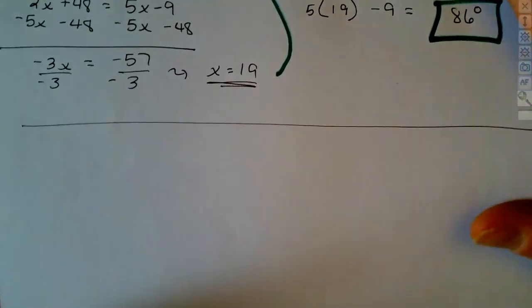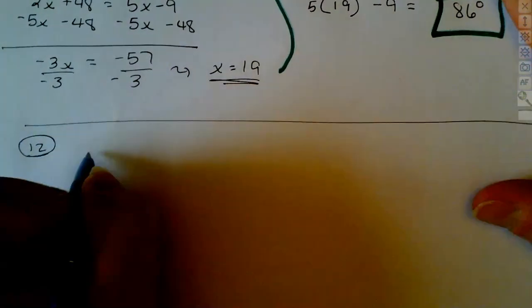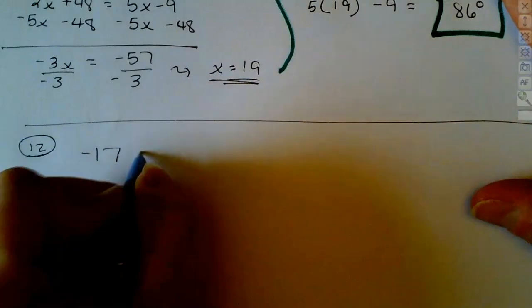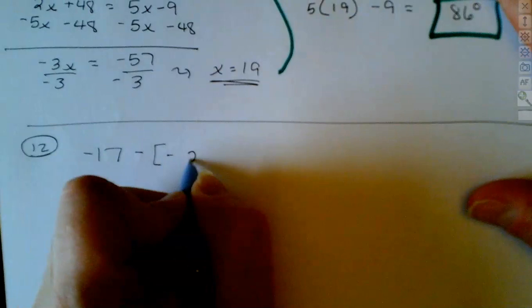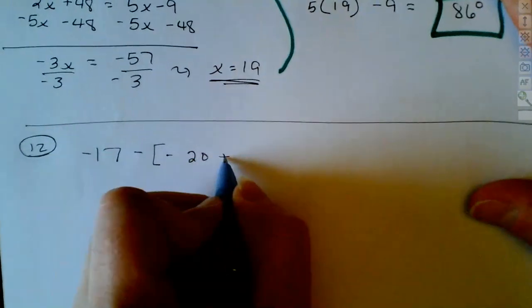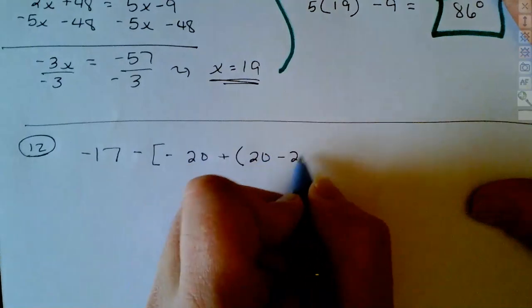Question 12 is order of operations. So minus 17 minus, we've got square bracket, minus 20 plus 20 minus 25.